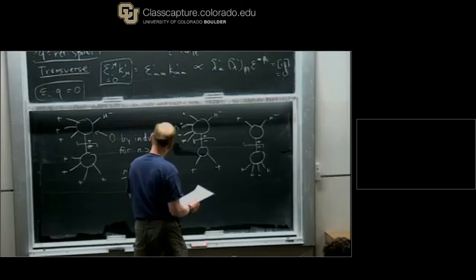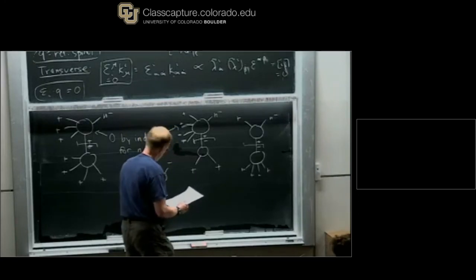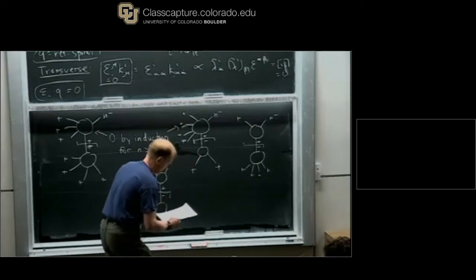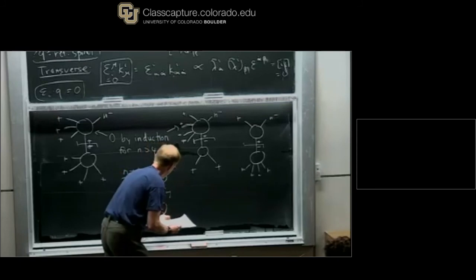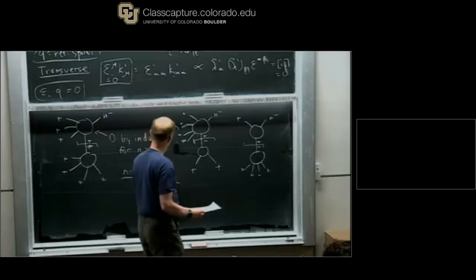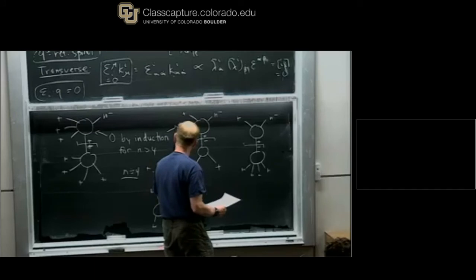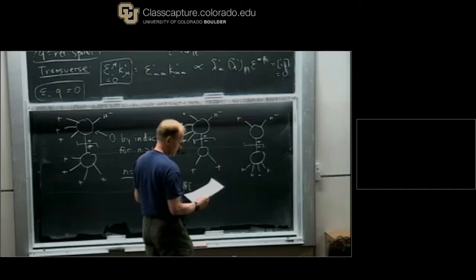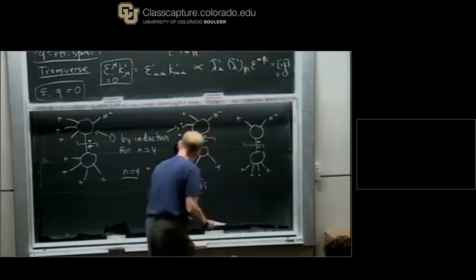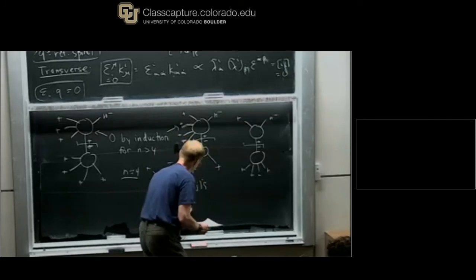In the n equals 4 case, the most dangerous case, we have a minus and a plus and a plus and a minus and a plus. So this amplitude here is proportional to square brackets, and this one is proportional to square brackets too.